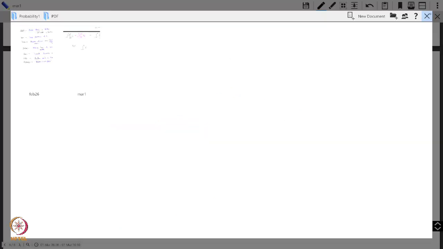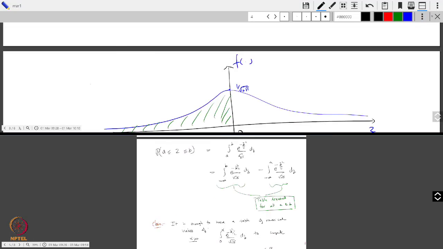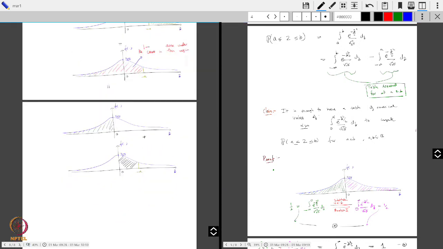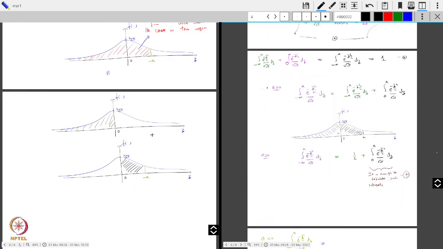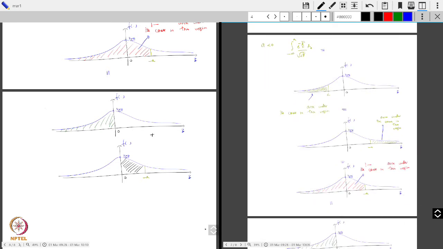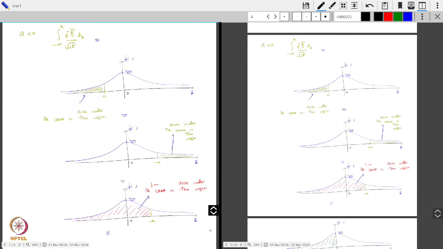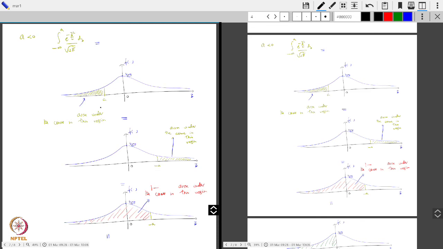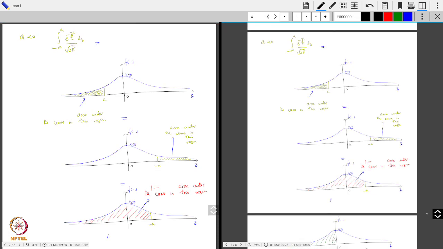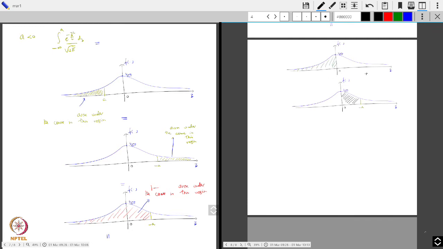So let me just recap this calculation. What did I do? I start off with a picture. For a negative, I had a little jugglery. That's the area I want to calculate. The first step I do is I split it up as the area on the other side, which is 1 minus this area.